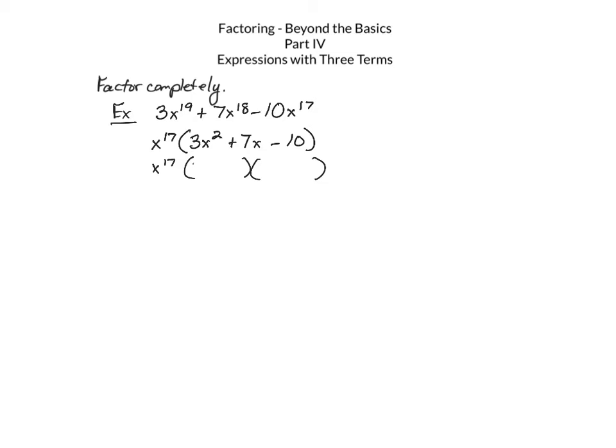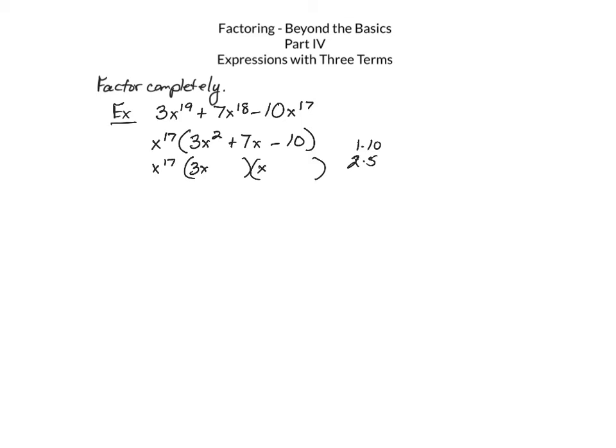So I would have a 3x and an x for my first terms. I see I have a 10 or a negative 10 for my last term, so I realize it's 1 times 10 or 2 times 5. And if you roll through the possibilities, 2 and 5 and 5 and 2, neither of those work.